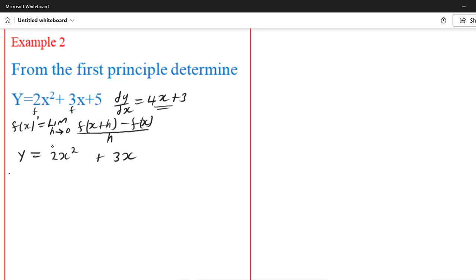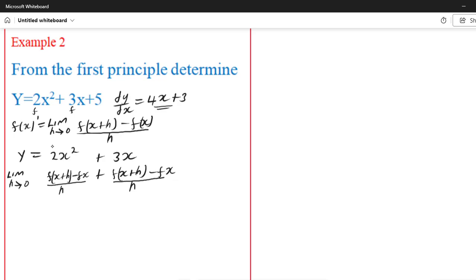and therefore that one will not be used in our equation. So limit of h as it approaches 0, we fit the formula here. We will have f of x plus h minus f of x, everything divided by h. Then we add f of x again plus h, we minus f of x, everything divided by h.